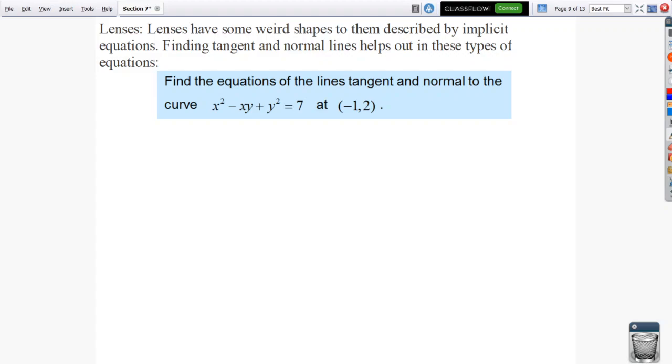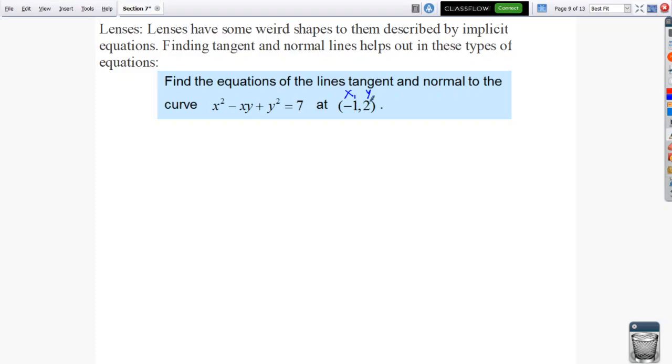In order to find the equation of the tangent and the normal, all we need to do is find an x value that it goes through, a y value that it goes through, and the slope that the function has. What's really nice about these types of problems, since y is not a function of x, they actually give you, in the setup for this problem, x1 and y1. So I know that the equation of my line is already going to be y equals m times the quantity of x plus 1 plus 2, because I'm already given x1 and y1.